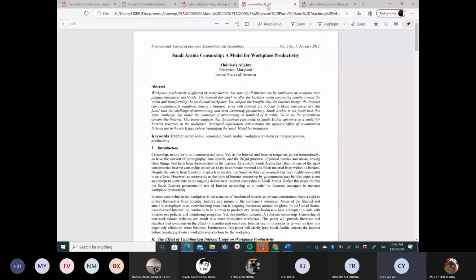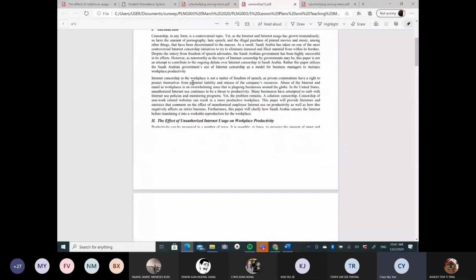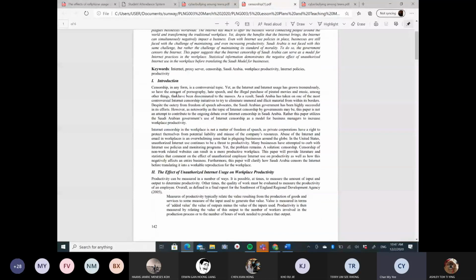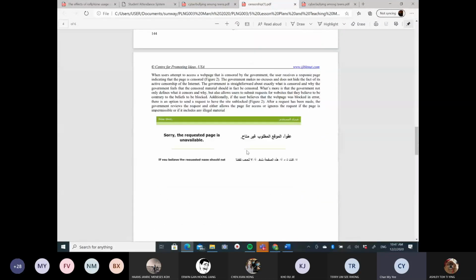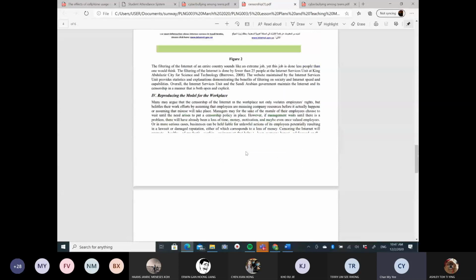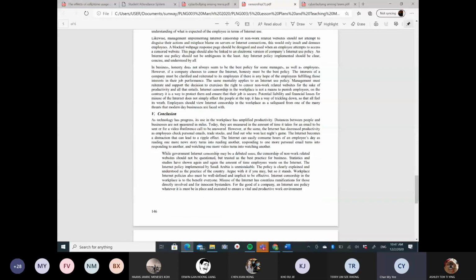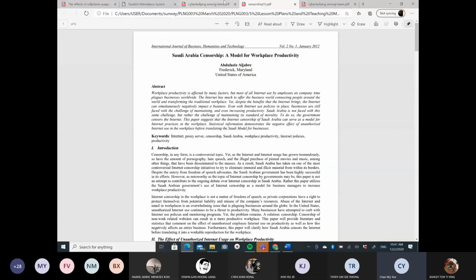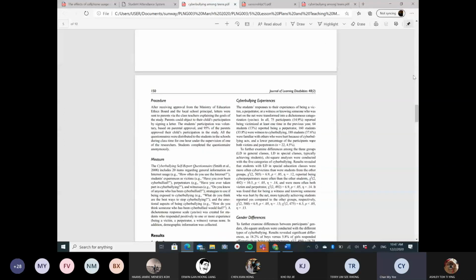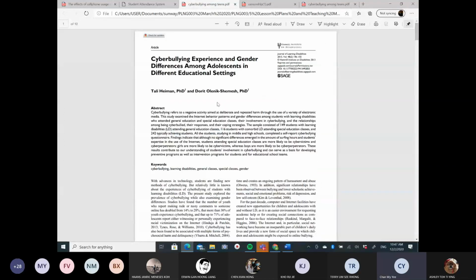Let's look at another journal article. It has abstract, introduction, effects of unauthorized internet usage, Saudi model, reproducing the model for the workplace, and conclusion. Can you see even these two are actually research journal articles, but they have different formats. So like I said earlier, journal articles may differ from one to another.